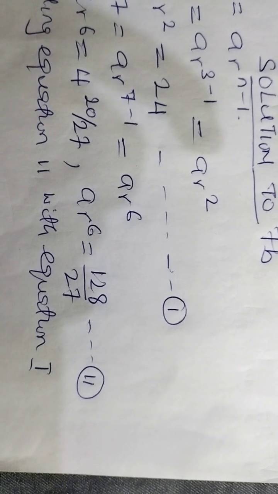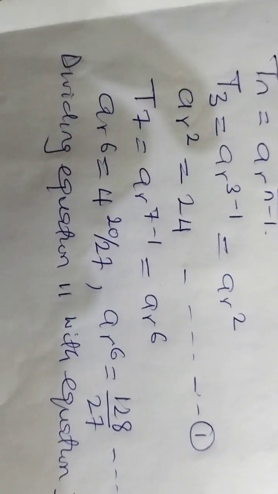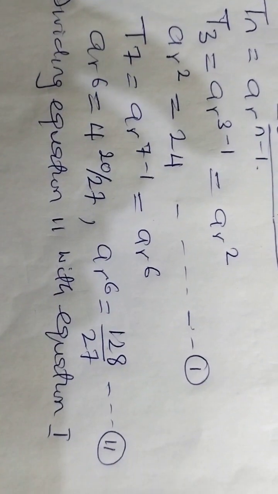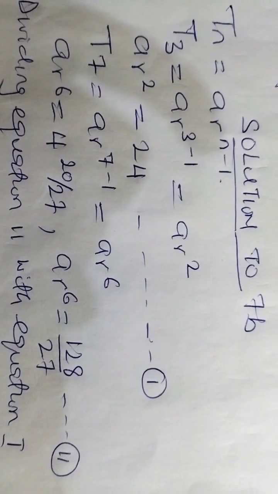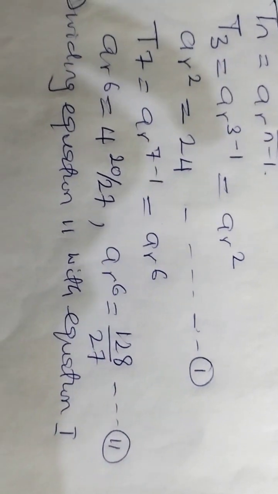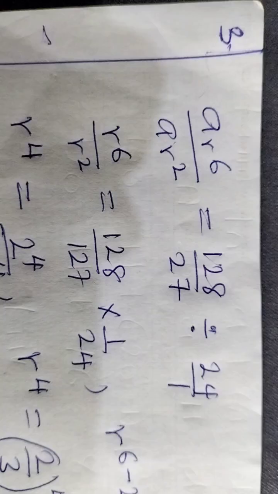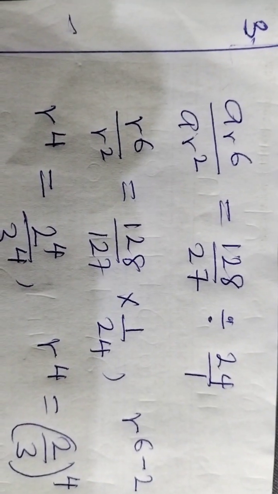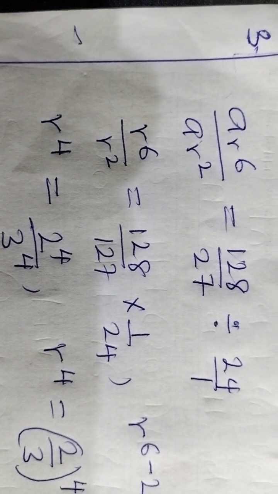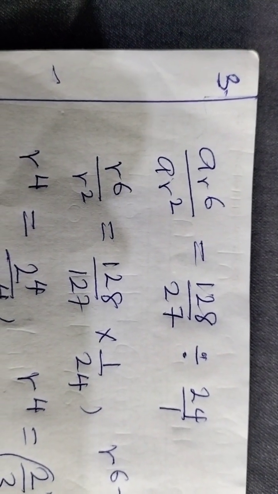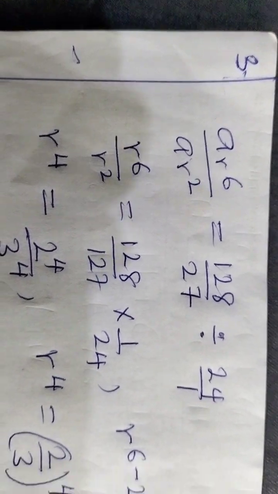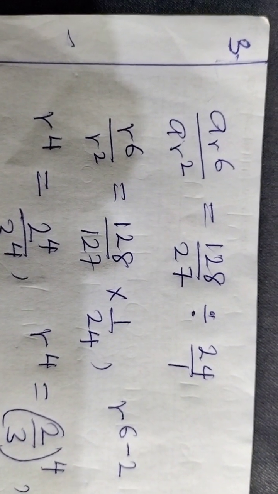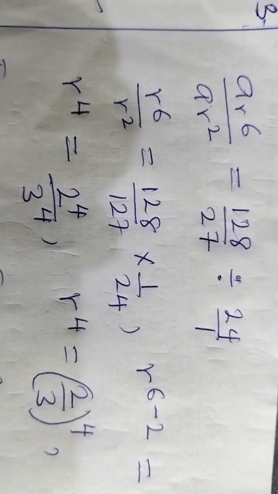That becomes equation 2. Then dividing equation 2 by equation 1, we now have A R raised to power 6 all over A R raised to power 2 equal to 128 over 27 divided by 24 over 1.